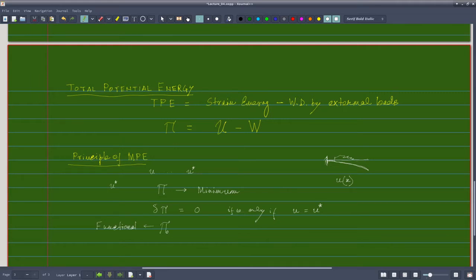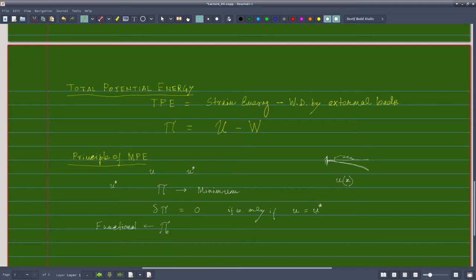If I have a functional whose variation is 0, then as per the principle of minimum potential energy, we can say that the displacement field generating that potential energy must be the stable equilibrium displacement field. That means that is the true displacement field.